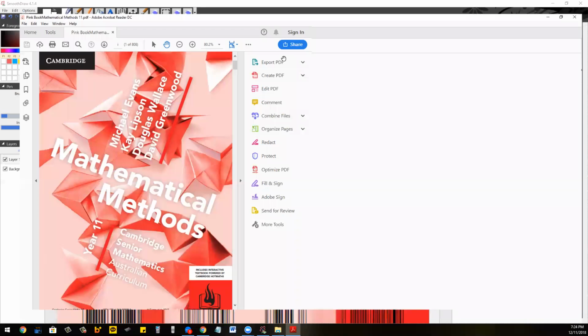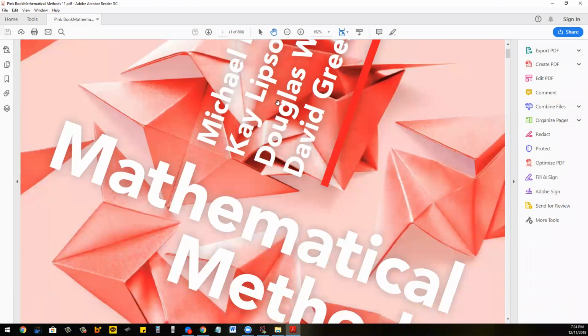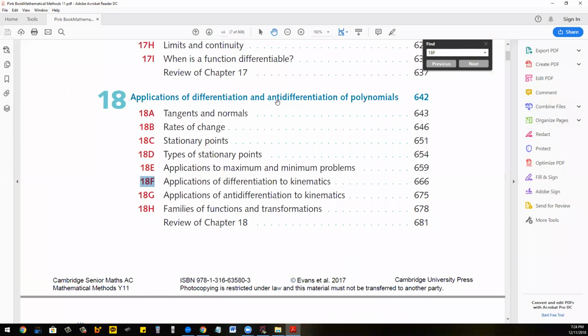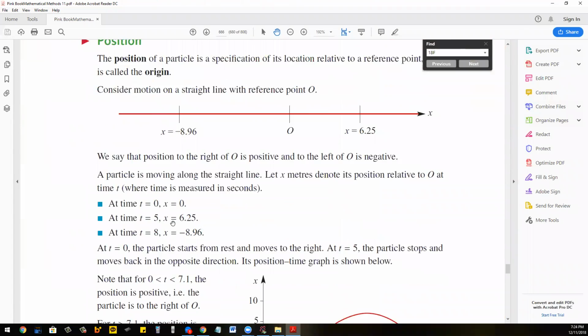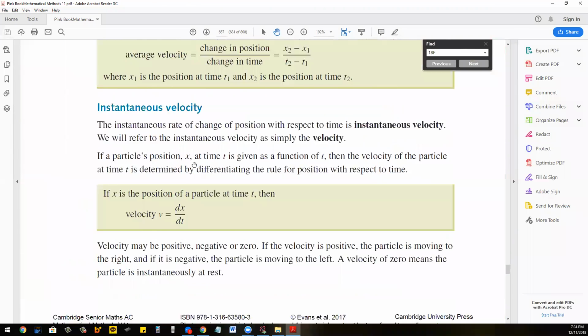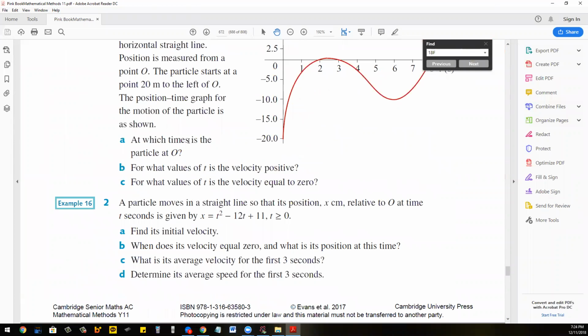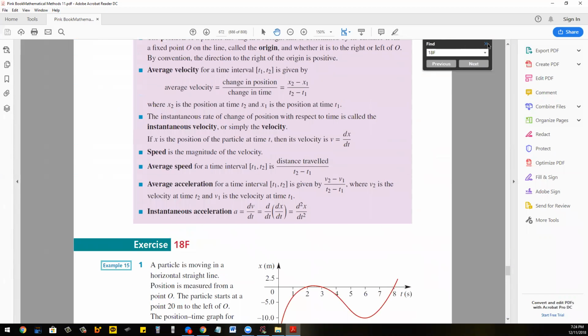Can you guys see the pink book here? Yeah. Okay, so what chapter, Anna? It was 18F. Generally it was okay.